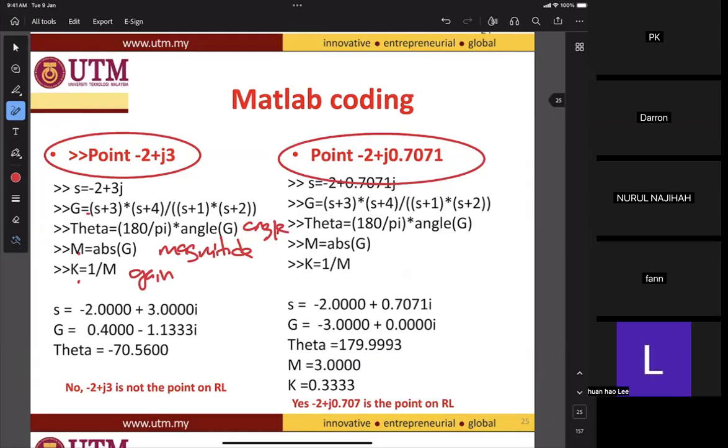We check this theta is not equal to 180 degrees, but this one is equal to 180 degrees, 179.9993, more or less approximation, substantially 180 degrees.